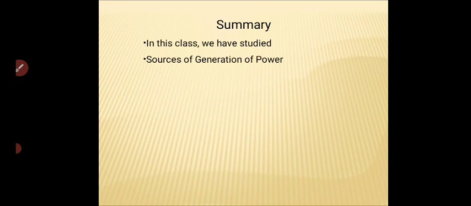Based on energy transfer, rotodynamic machines are broadly classified as turbines. In a turbine, energy is transferred from fluid to rotor and rotor converts fluid energy into mechanical energy. The rotor of this machine is called as runner.